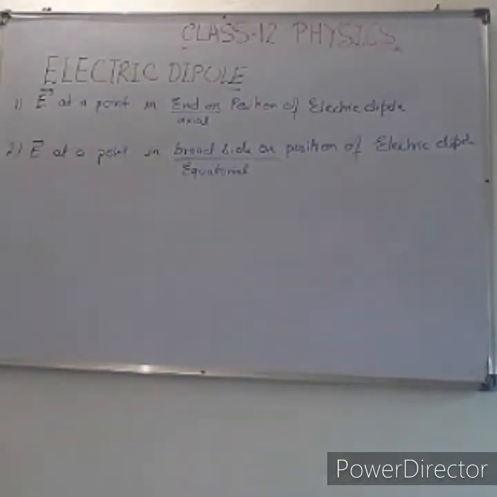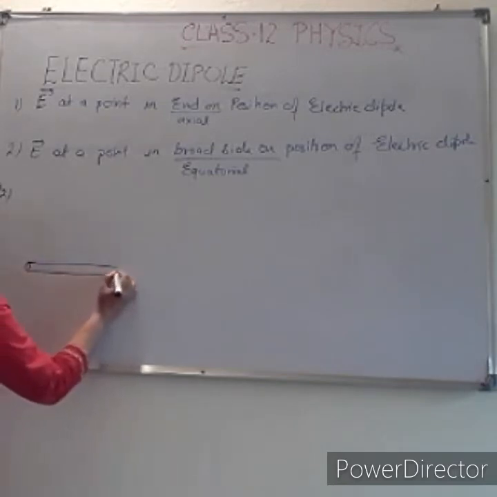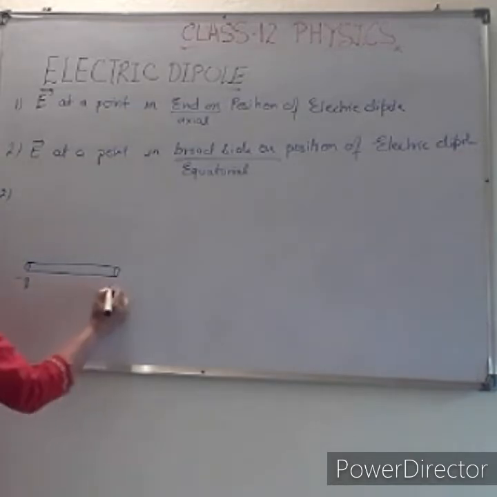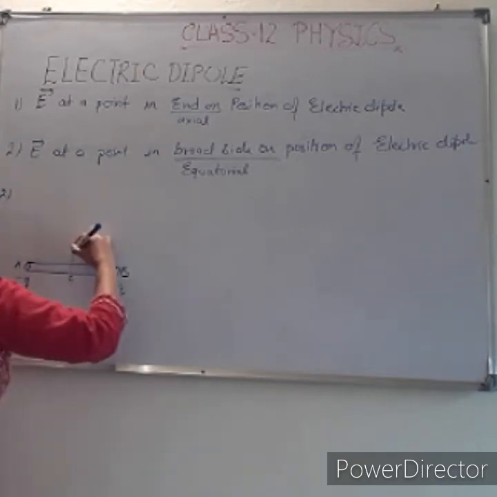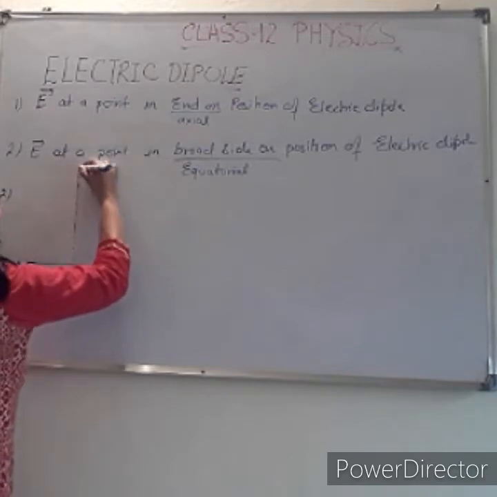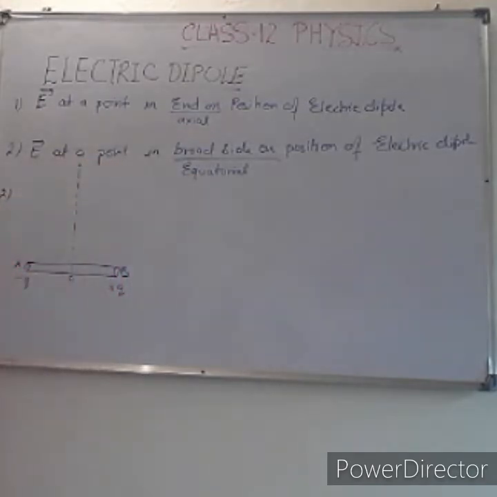Broadside on condition. Second, broadside on means equatorial. Equatorial means perpendicular. This is minus q, this is plus q. AB is a dipole. We have to take the C point center position, and we can take one point which is exactly at the perpendicular position at distance r from the dipole.